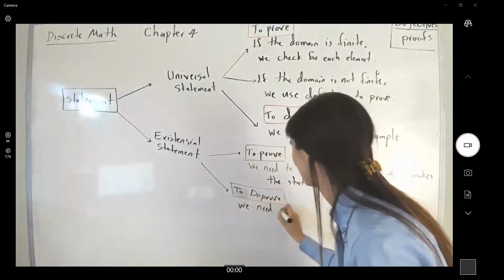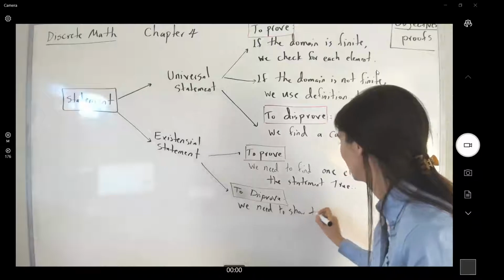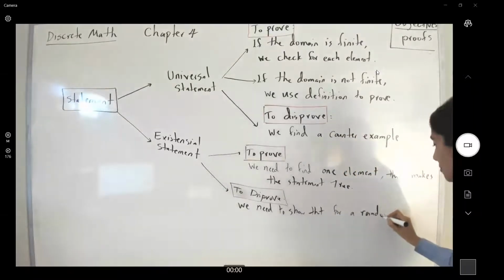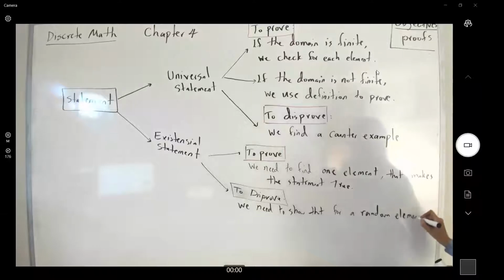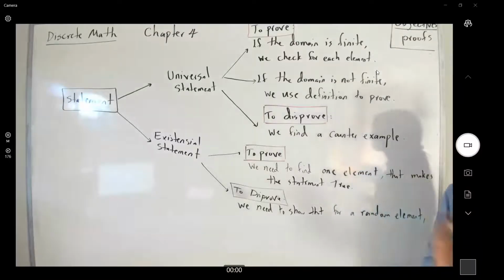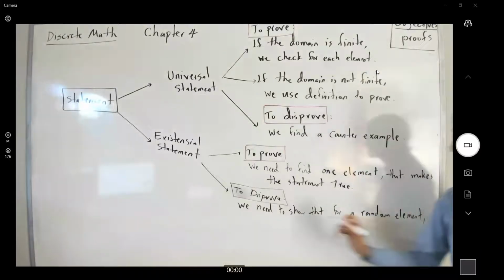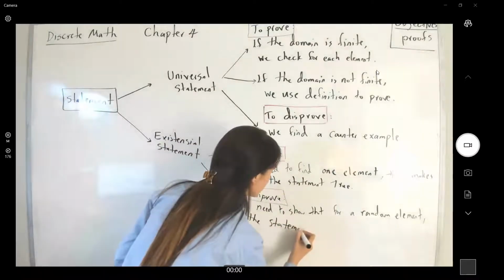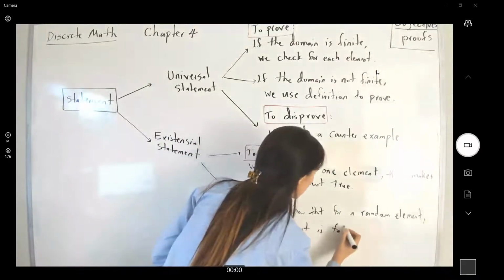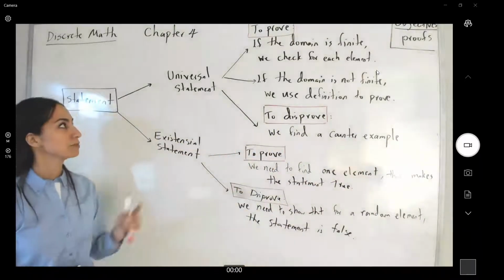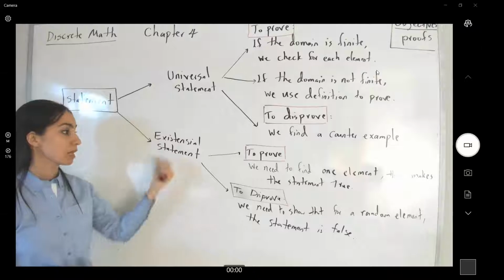For a random element, arbitrarily taken, it cannot be a specific number or value. It's a no-no. So we need to show that for a random element, the statement is false. Pretty straightforward. Universal statement, existential statement.